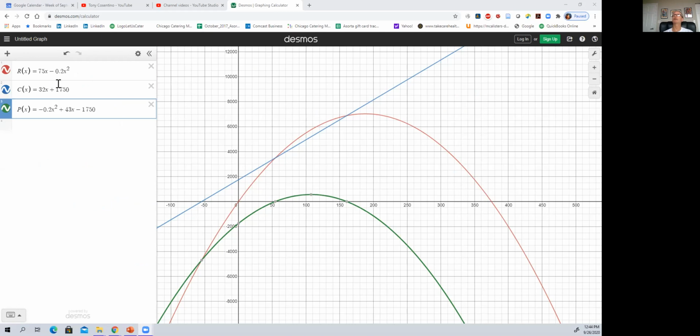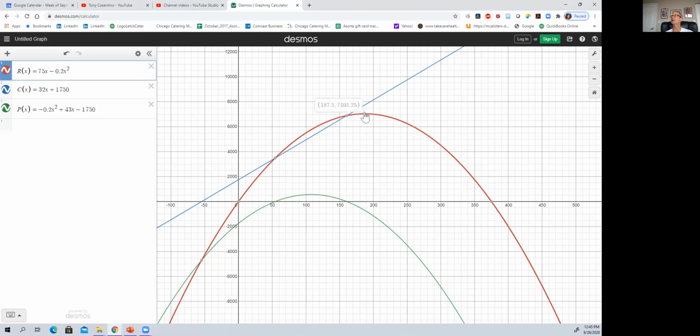The top one is our revenue equation, and it's in red. You can see it's a quadratic, so it's a parabola. It points down. And you can see that 0, 0 is really the first physical point. It doesn't make any sense to sell negative wristwatches, right? And as you get to the vertex, which is somewhere up here, right? There it is.